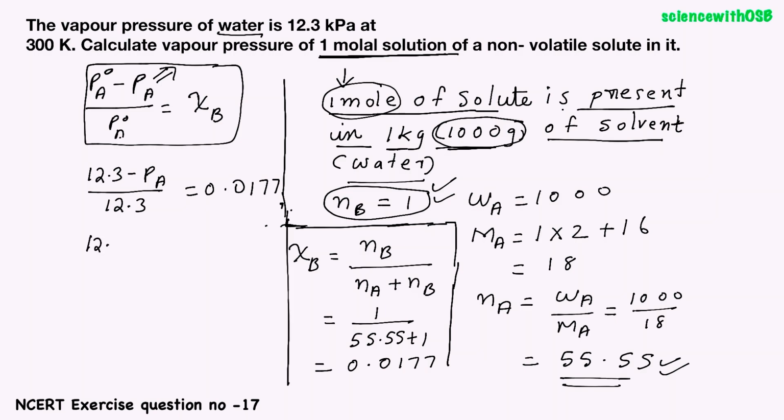Then 12.3 minus PA is equal to 0.0177 into 12.3. On calculating that, you will be getting like 0.2177. Now PA is equal to 12.3 minus 0.2177. On solving, you will be getting like 12.08.